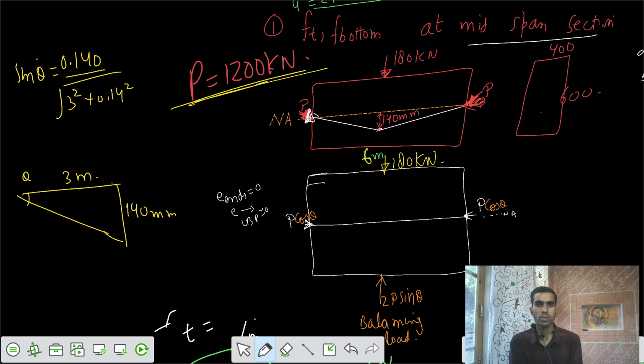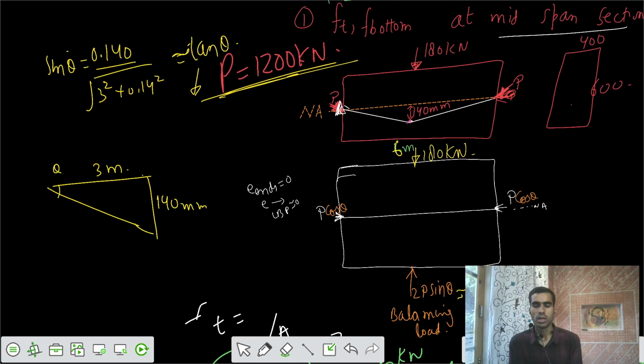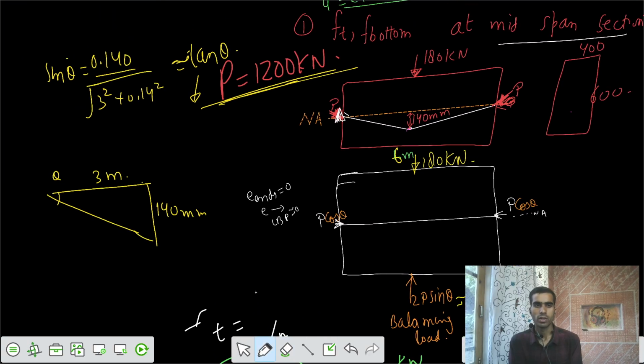This is almost equal to tan theta, because your theta is small. So we can replace 2P sine theta with 2P tan theta, and it makes the calculation easier. We don't have to take this root.